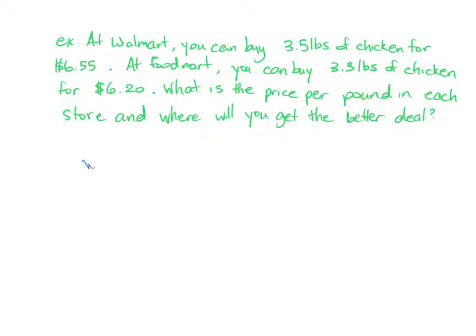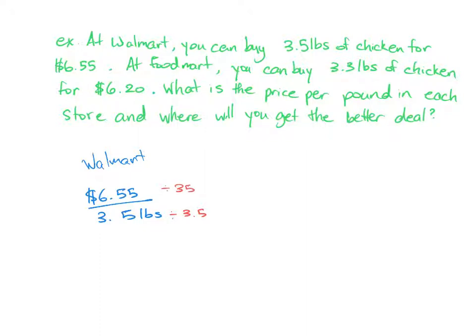All right, so Walmart is selling the chicken at $6.55 for 3.5 pounds. Now, as we spoke about earlier, you want 1 in the denominator, so we can go ahead and divide the denominator by the number that is in the denominator, but we have to do the same thing to the top.